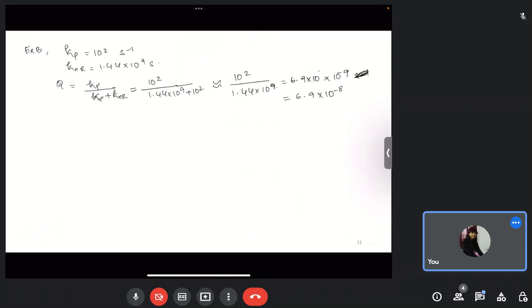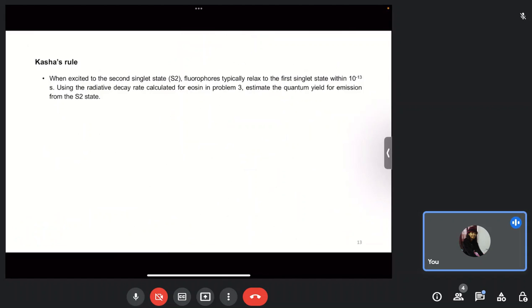When excited to the second singlet state, a fluorophore typically relaxes to the first singlet state within 10 to the power minus 13 seconds. Using the radiative decay rate constant of eosin in the last problem, estimate the quantum yield for the emission from the S2 state.